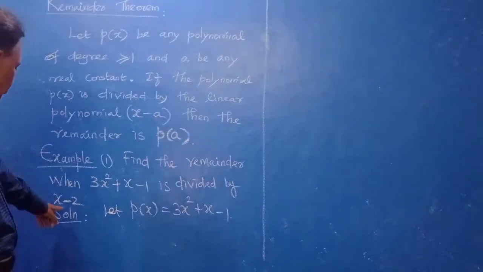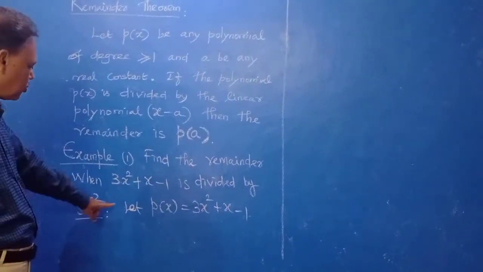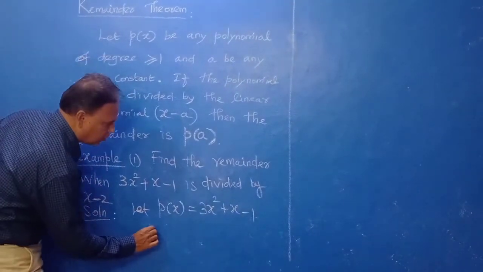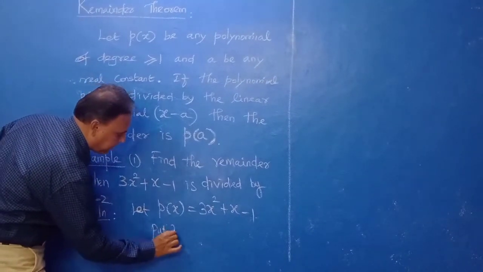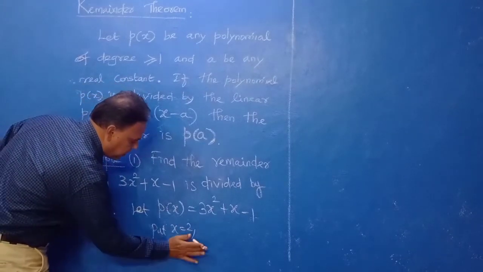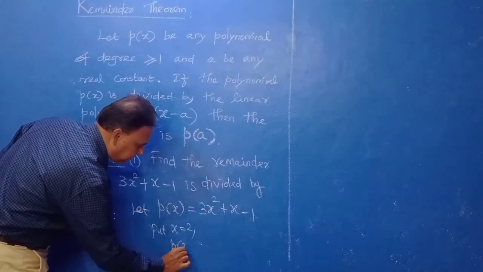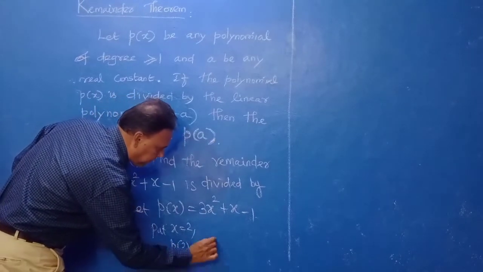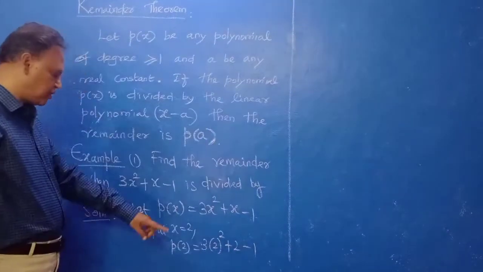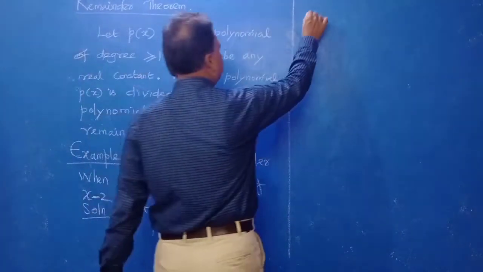So x minus 2 means x is equal to 2. Put x equal to 2. What will you get? P of 2. Find out P of 2.